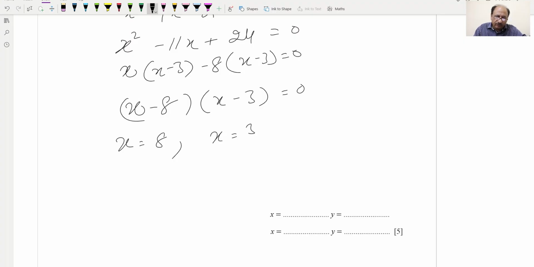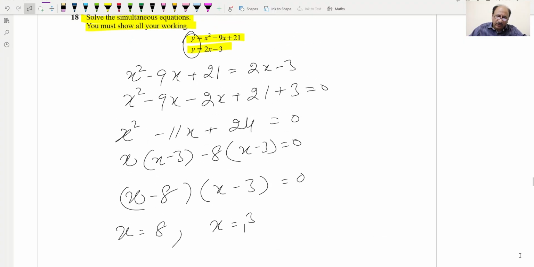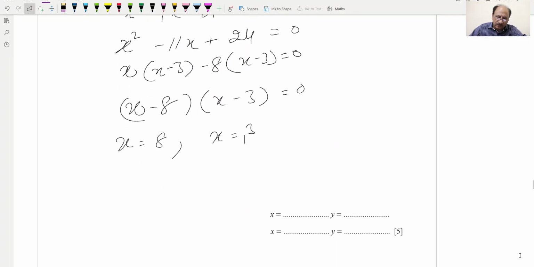Now we can find the y values, and y value is what? y is equal to 2x minus 3. So y is equal to 2x minus 3 when x is equal to 8. The y value will be 2 into 8 minus 3, and this will be 16 minus 3, which is 13. So if x is 8, y will be 13.